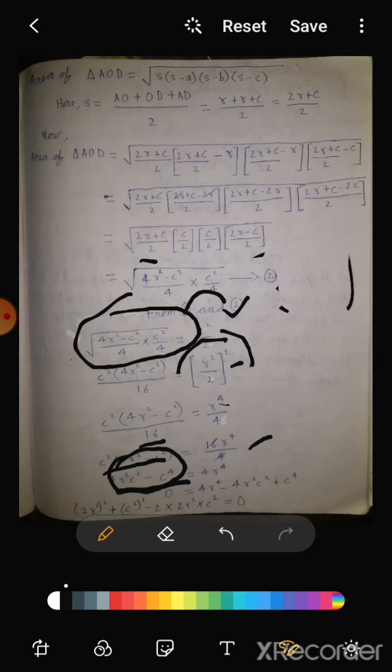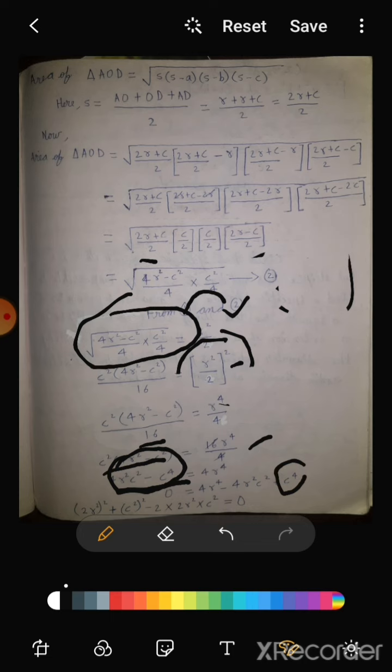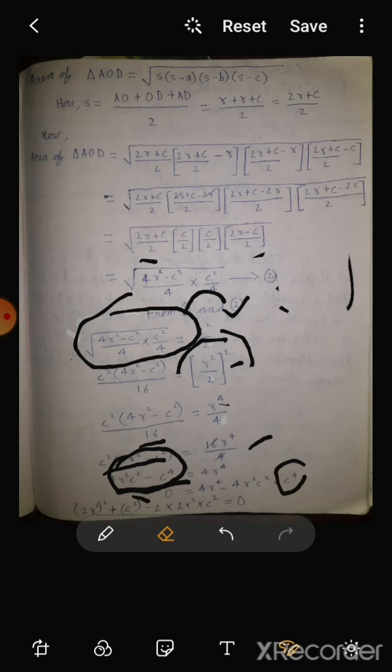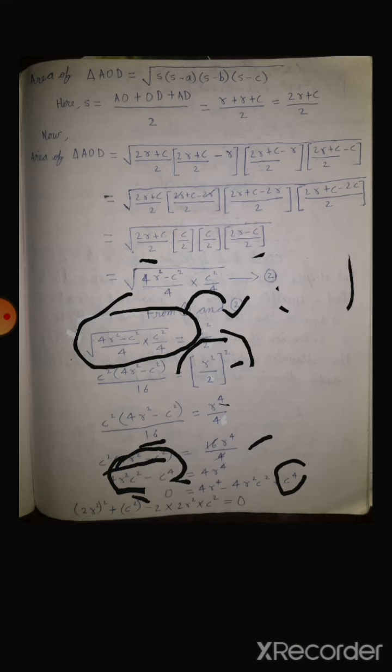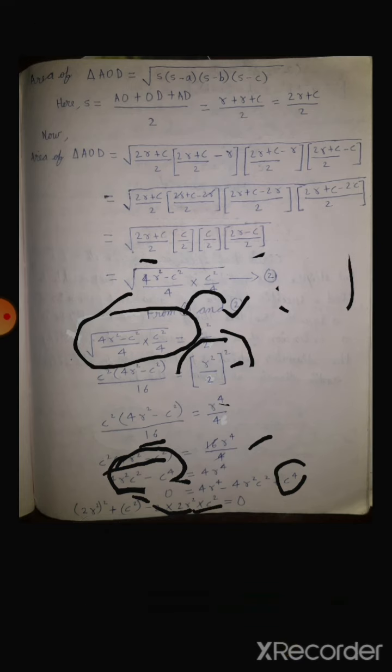Means this will become like the a plus b whole square formula, that is (2R square) whole square. It will give you 4R to power 4 plus C to power 4, that is (C square) whole square, and minus 2 into 2R square into C square.